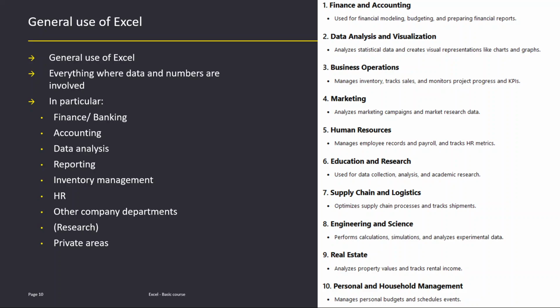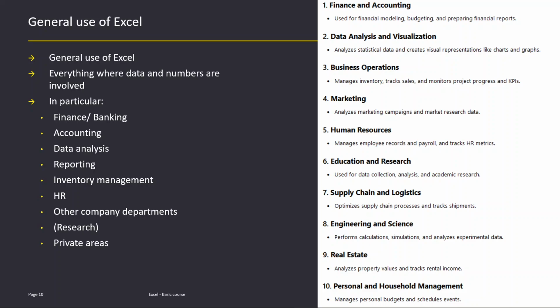So after this long part, I've teased a little bit upfront where I could use Excel, and I've also asked ChatGPT where Excel is used. Generally, you can say Excel is used everywhere where data and numbers are involved.